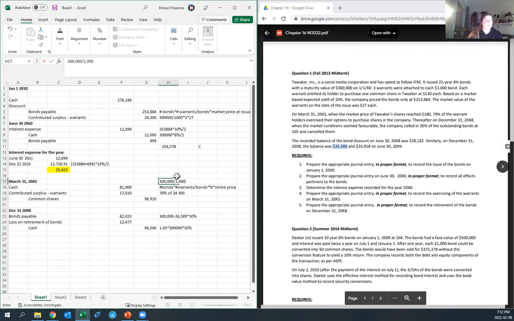So you get your number of bonds times the number of warrants, which were 3 per bond, times 70%, because only 70% of the warrant holders exercise their options, times the strike price of $130. So that's how I got to the 81,900. No problem.